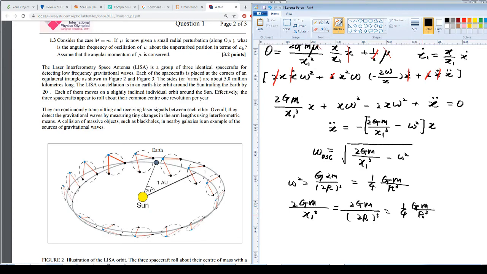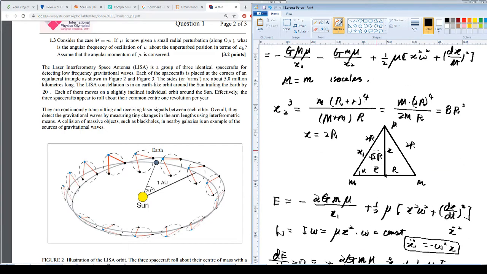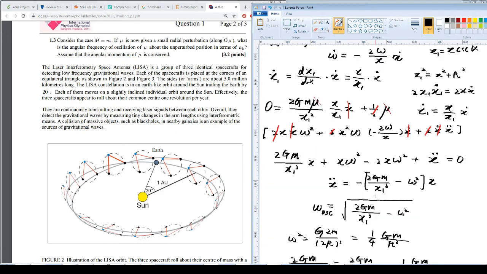Is there a 2 somewhere that's missing? But x1 is not going to be 2r. Wait, x1 changes, right? Or it's approximately the same, I guess.